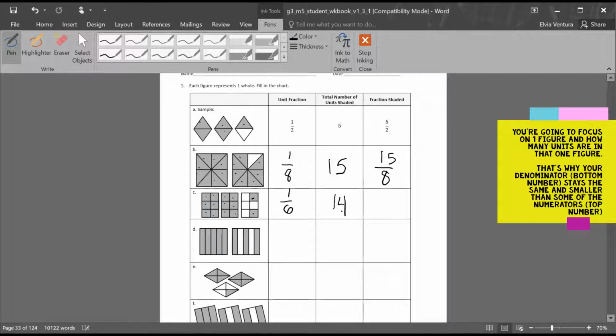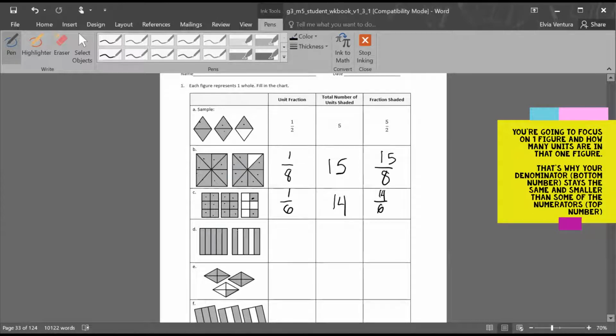And so our fraction shaded is going to be 14/6. 14/6. Let's look at the next one.